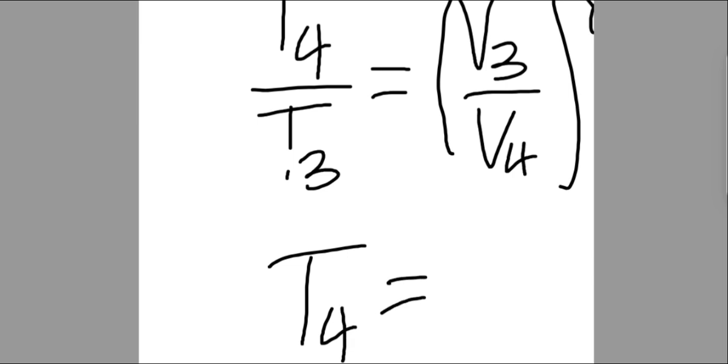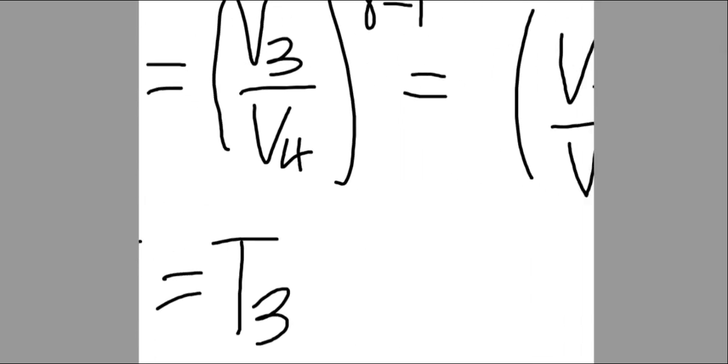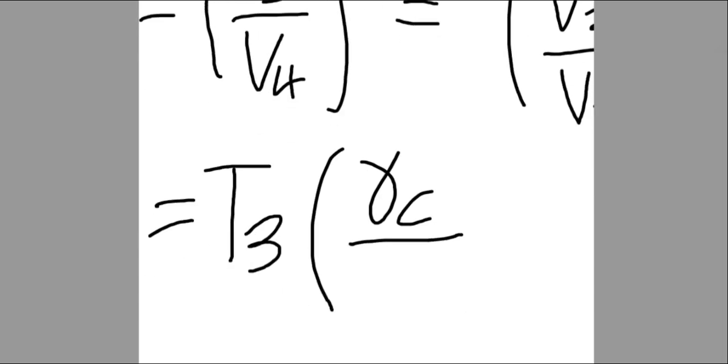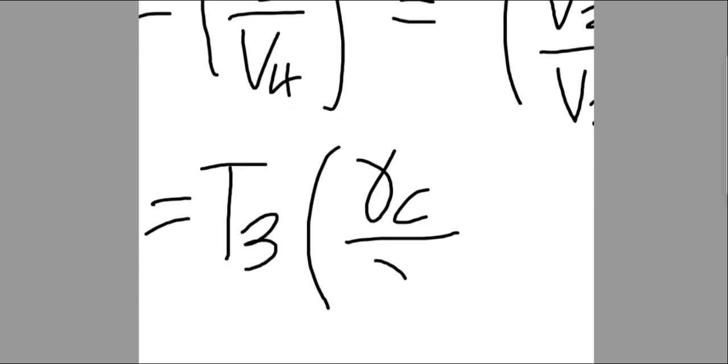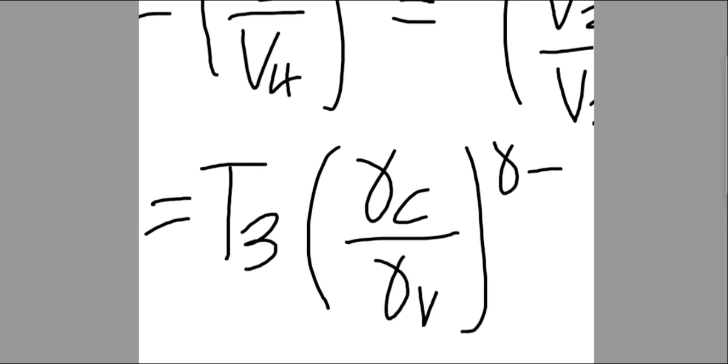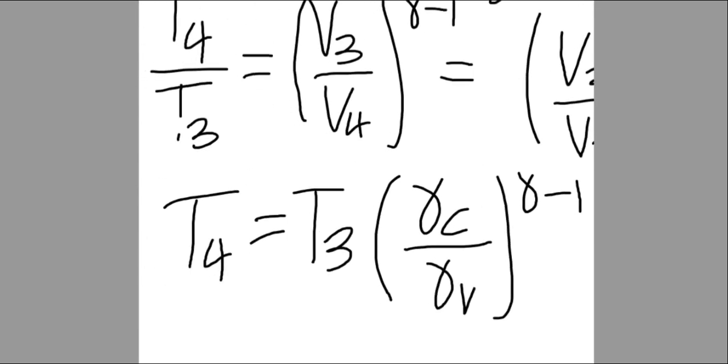T4 is equal to T3 into brackets of our cutoff ratio over our compression ratio, all raised to power gamma minus 1. So now this is the value for T4, and now we also have to manipulate for the value of T1.